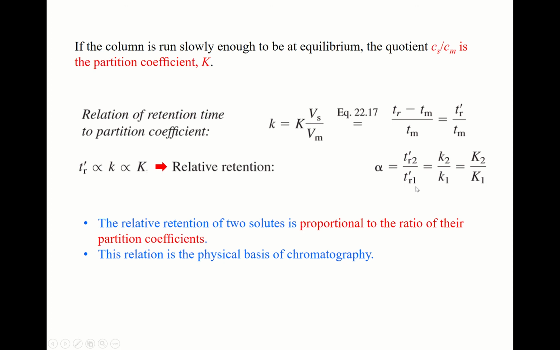This is the original definition: the ratio of adjusted retention times, and alpha also equals the ratio of capacity factors, k2 over k1, which is the same as the ratio of partition coefficients, large K2 over large K1.